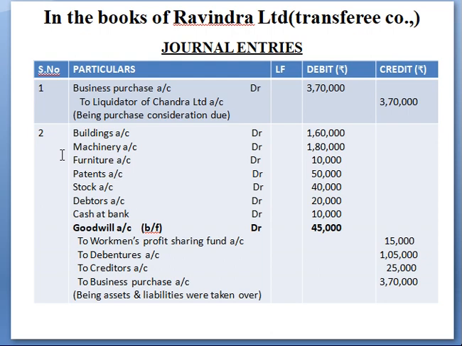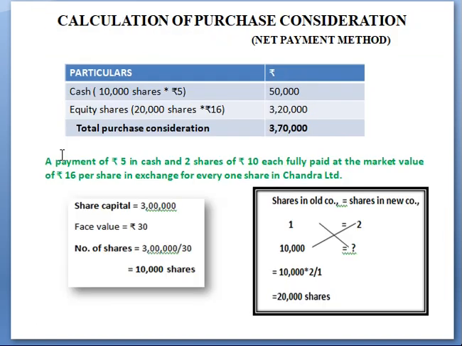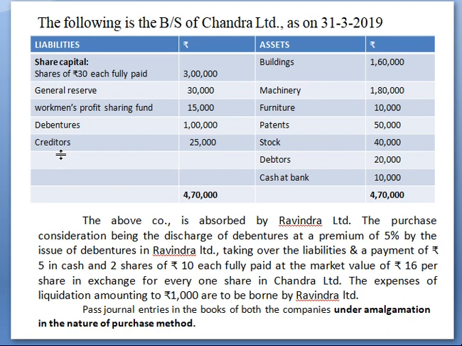And your second one is for the transfer of assets and liabilities. As it is the purchase method, the entry is assets account debit to liabilities account, to statutory reserve account, to business purchase account. Only these items are to be there. But in our problem, there is no statutory reserve, so just ignore it.